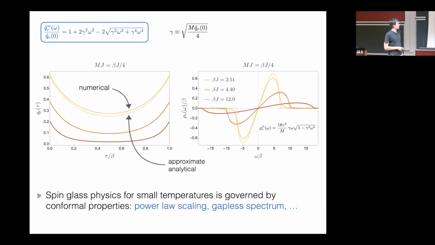So let me just show some result, something you find. What I'm plotting on the left is, again, the 2-point function. The full line is the numerical result to the full equations, and the dotted lines are this approximate solution. So you can see that in particular down here, for lower temperatures, the approximation becomes very good. And you can similarly use this approximate solution to compute the spectral density. And then again, it gives a very good approximation to the exact solution.